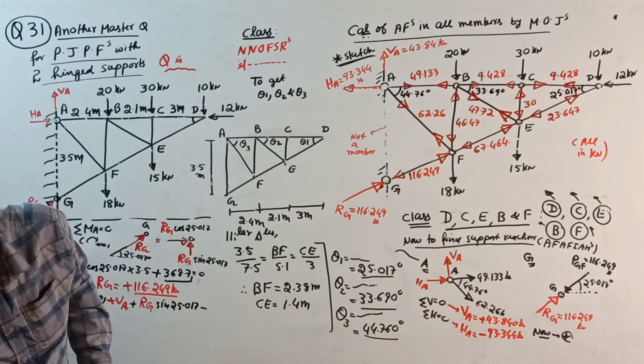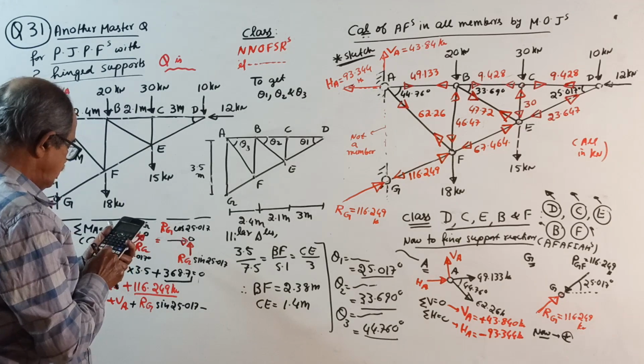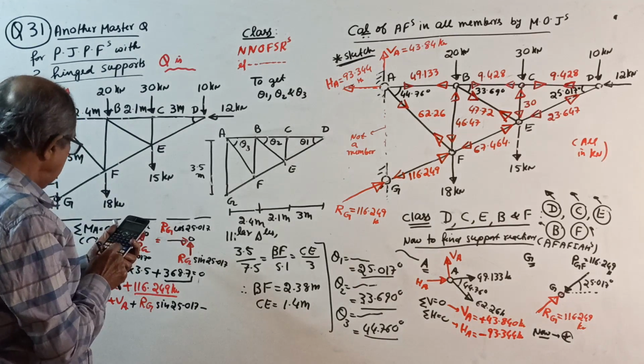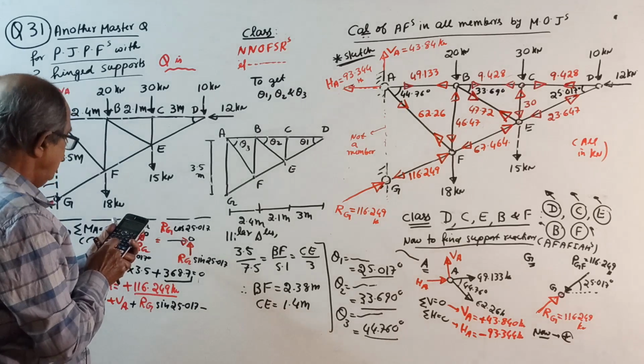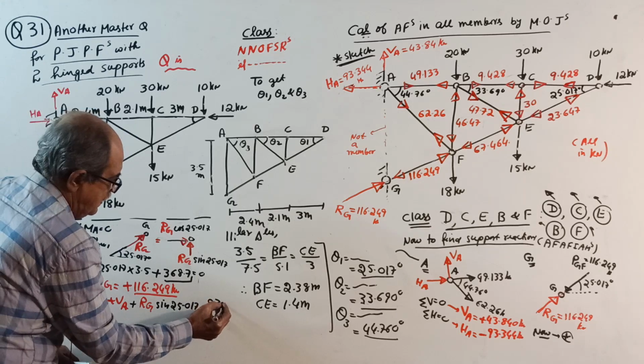Space problem is there. If you cannot do that much, don't continue my class. Minus 20, minus 30, minus 10, minus 18, minus 15 equal to 0. Minus 93.